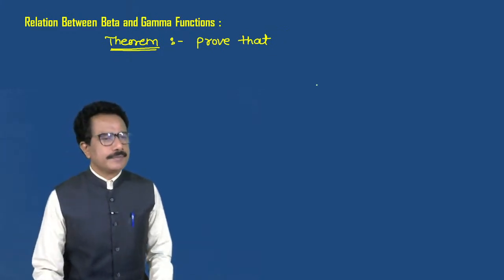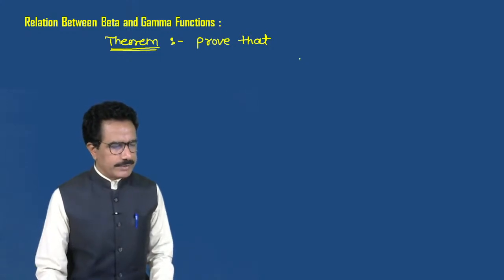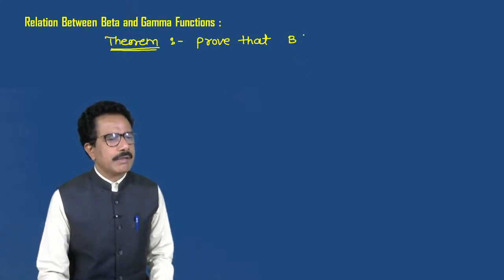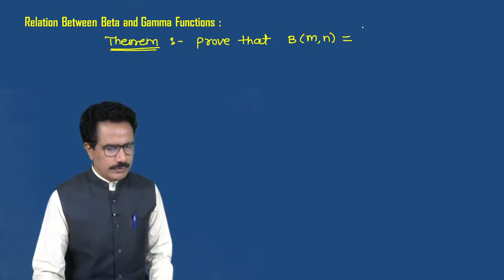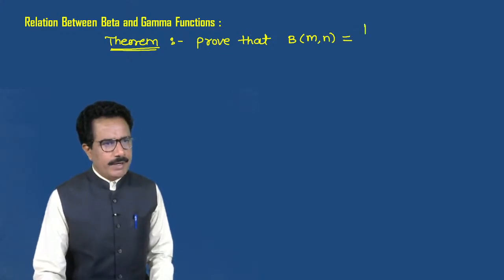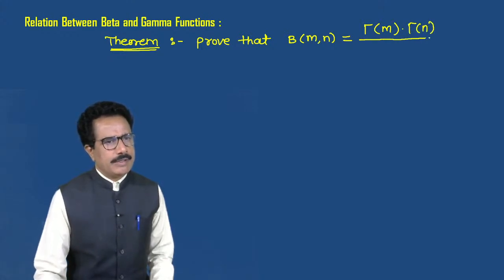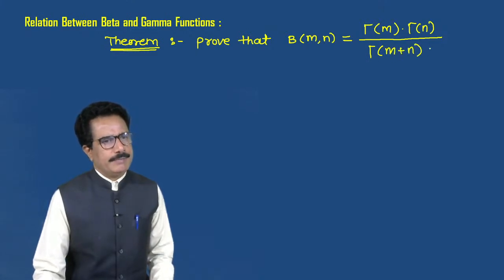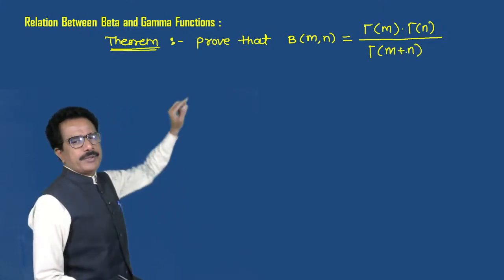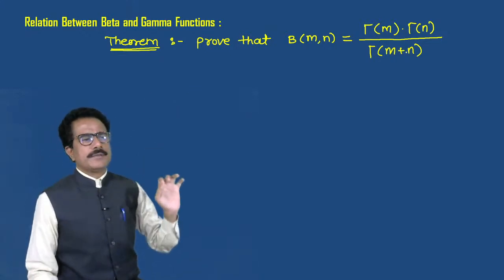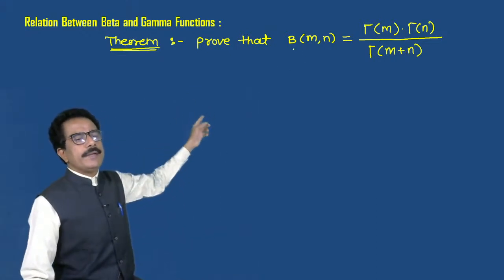Prove the relation between gamma function and beta function, that is beta of m comma n is equal to gamma of m into gamma n divided by gamma of m plus n. Actually we have to prove this, the relation between beta and gamma.